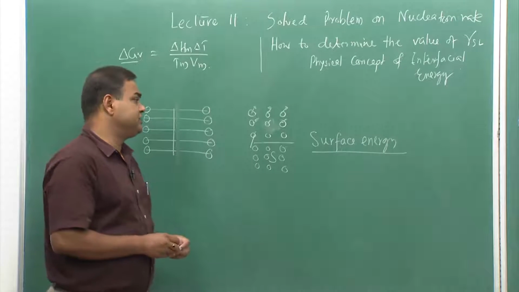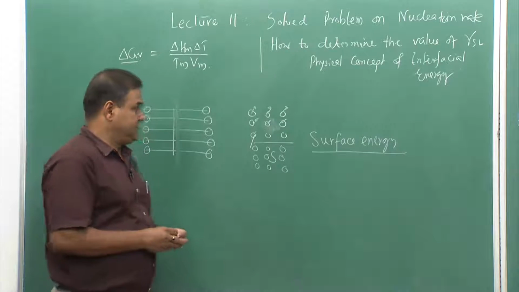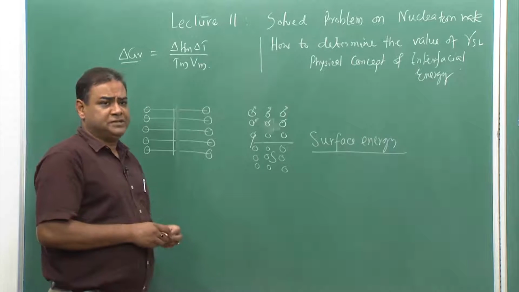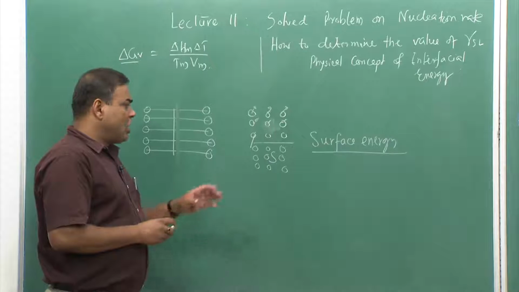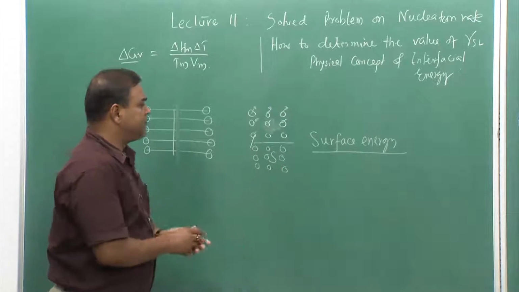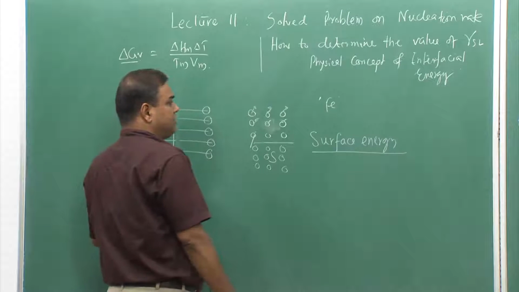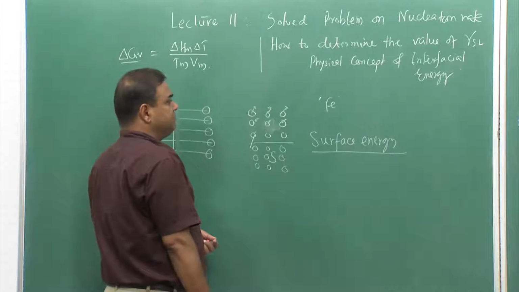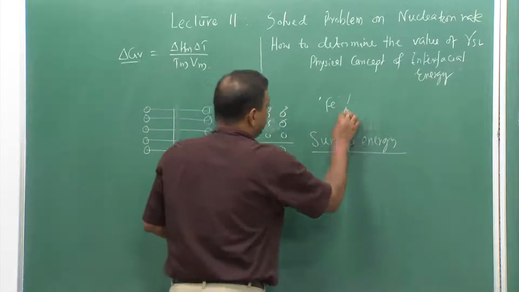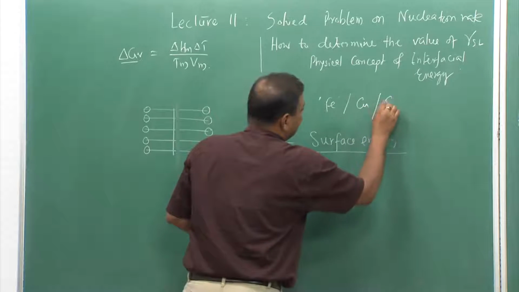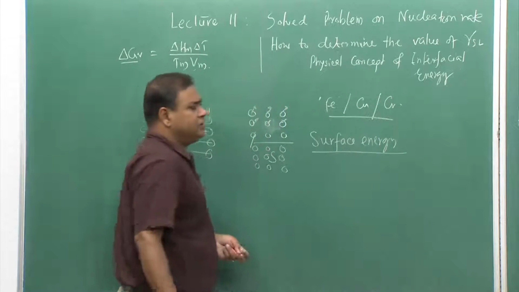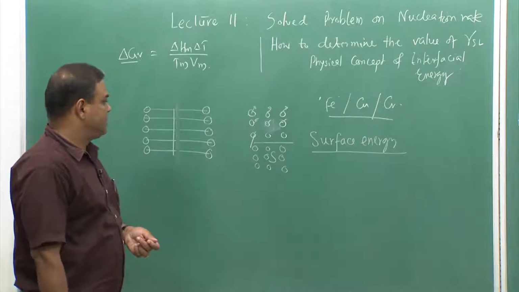We are not going to consider a very complicated metal. We will have a lot of complicated metals, but we will not take that. We will simply take, for example, iron, because steel is an important issue in our heat treatment course. We have copper, we have chromium, all those elements.